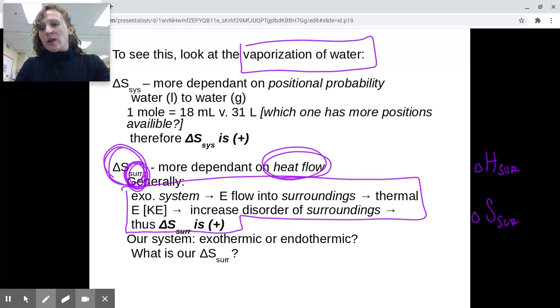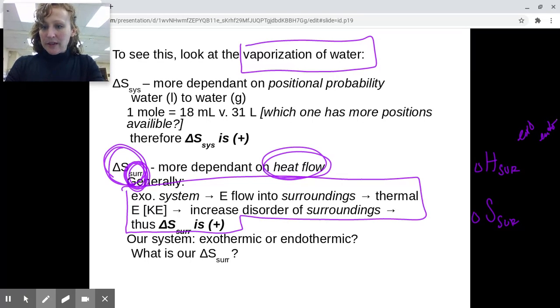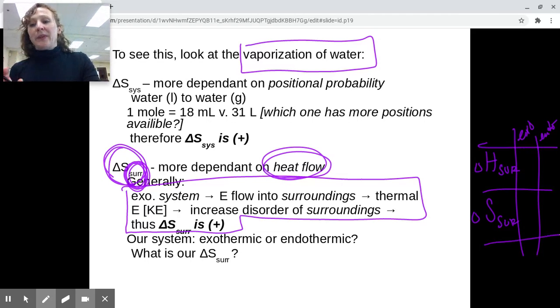Okay, so in an exothermic versus endothermic example here. All right, if you're talking about an exothermic system, entropy versus enthalpy of the surroundings.